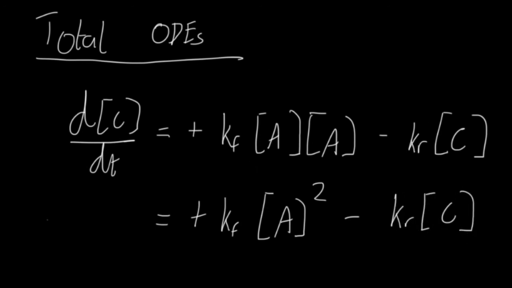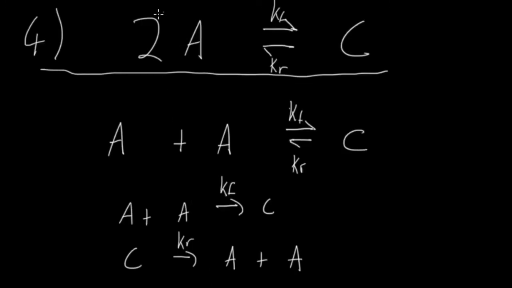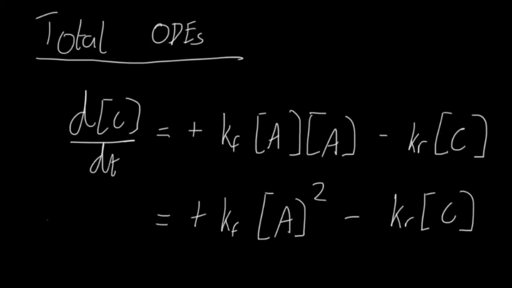So we see here that the stoichiometric coefficient for the forward reaction for A was 2, and in the rate equation, the concentration of A was then put to a power of 2. And we saw this because A plus A means, in the rate equation, we have Kf times A, and these combine together to make A squared.